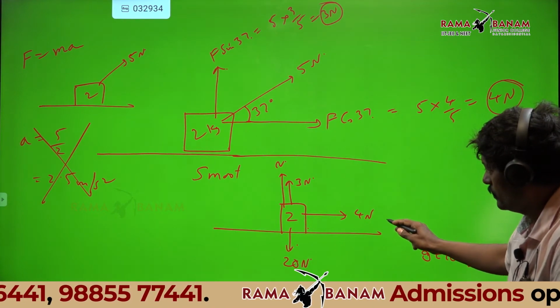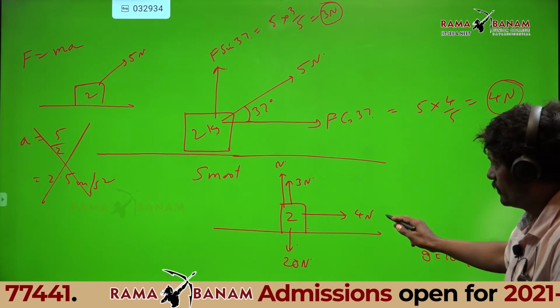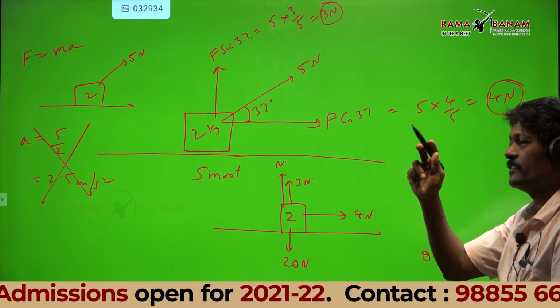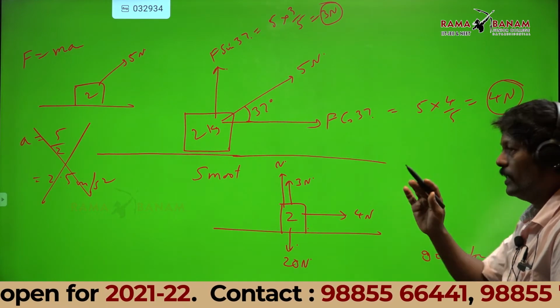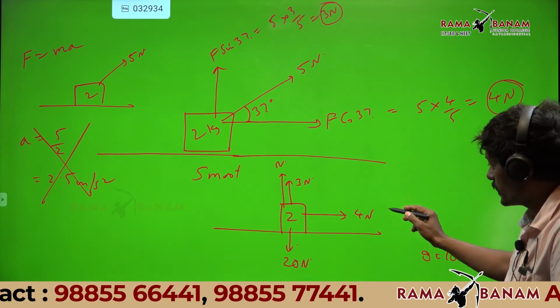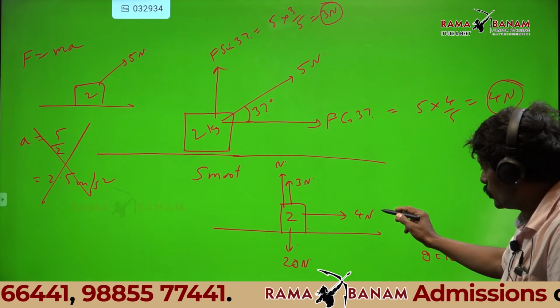What is the component in the direction of motion? 4 Newton. That means the body is going to accelerate due to 4 Newton.